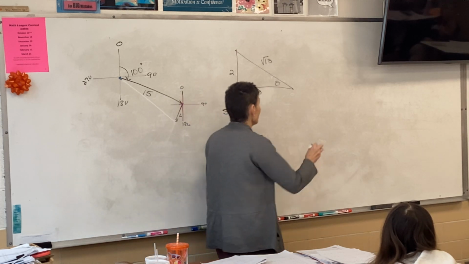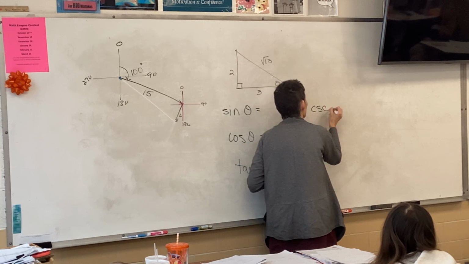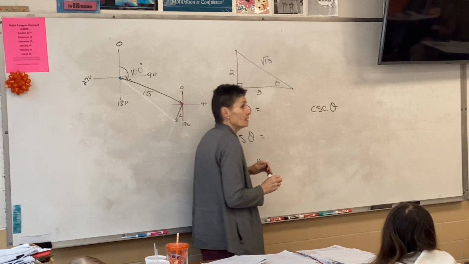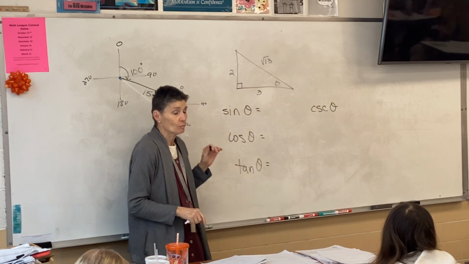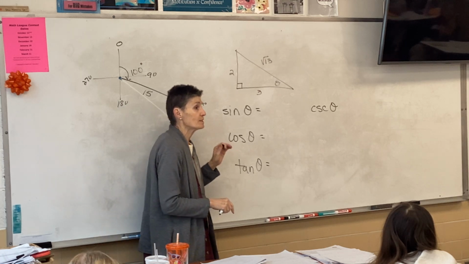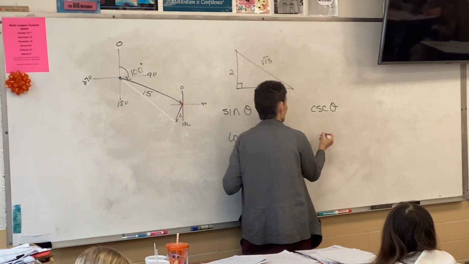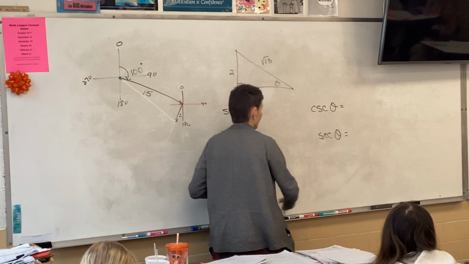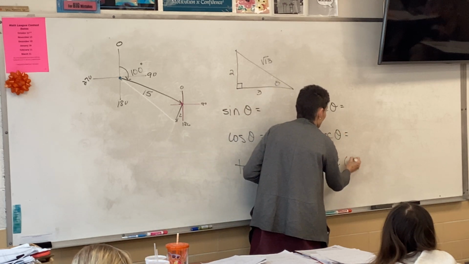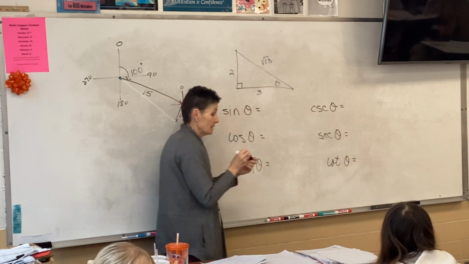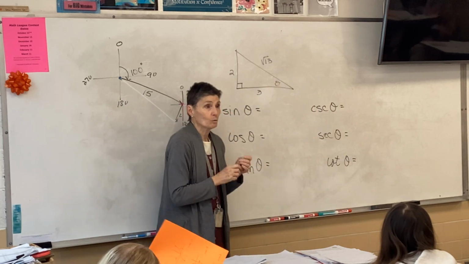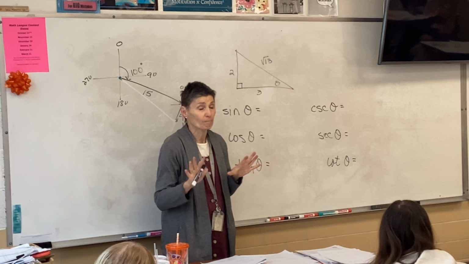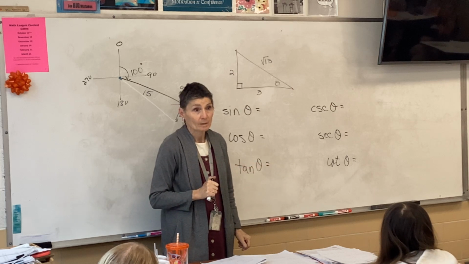The reciprocal of the sine is the cosecant. All this information is on your orange sheet. The reciprocal of the cosine is the secant, and the reciprocal of the tangent is the cotangent. Now remember yesterday, I told you you need to know what's on at least the front of this orange sheet, right?